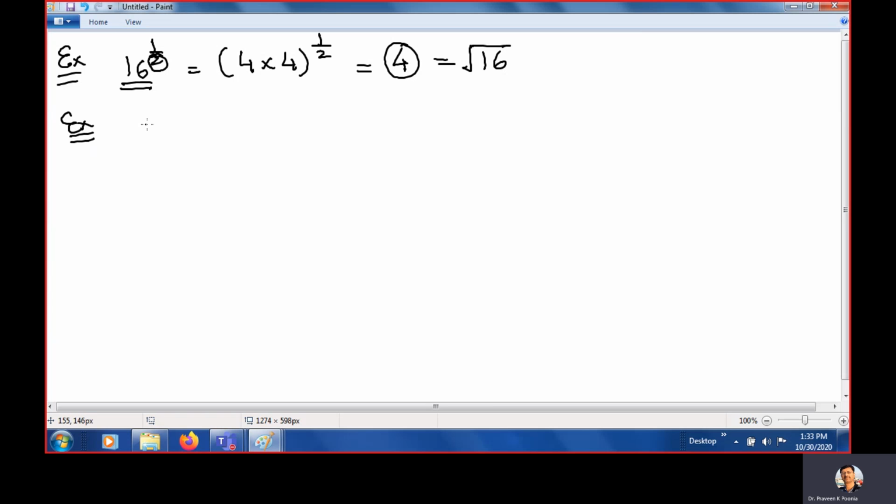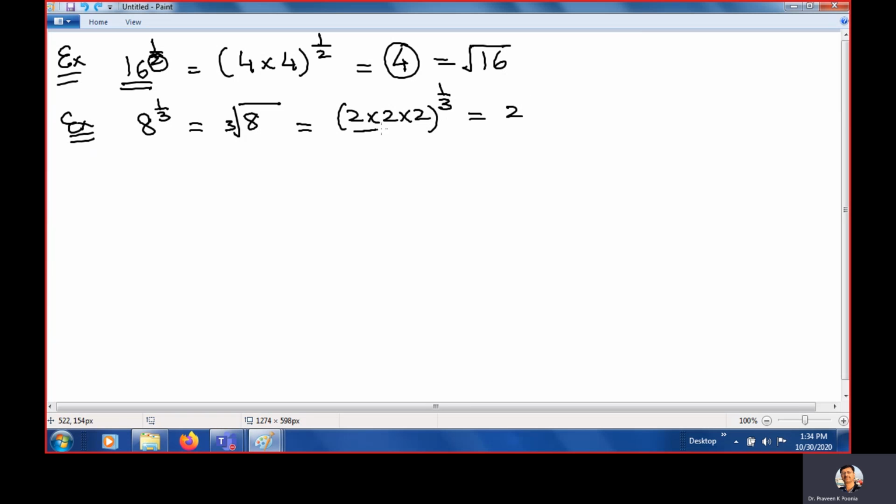Another example I will take: 8 power 1 upon 3. What does 8 power 1 upon 3 mean? It is the cube root of 8 that we studied in the previous slide. So that means 2 times 2 times 2, power 1 upon 3. Clear? And what will be the answer? 2. Why will 2 be the answer?